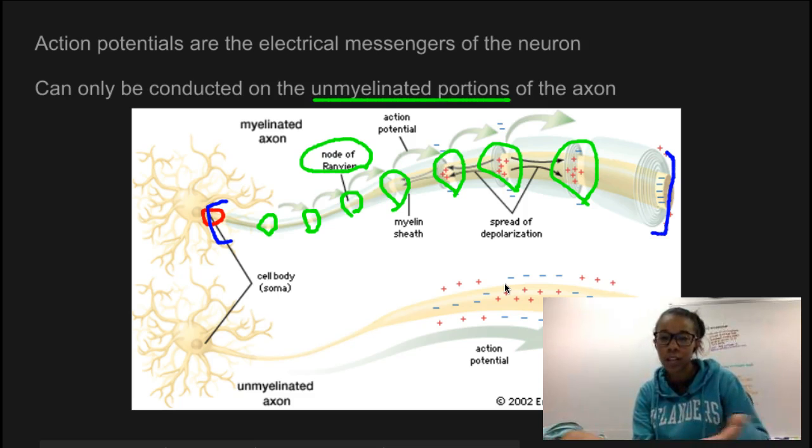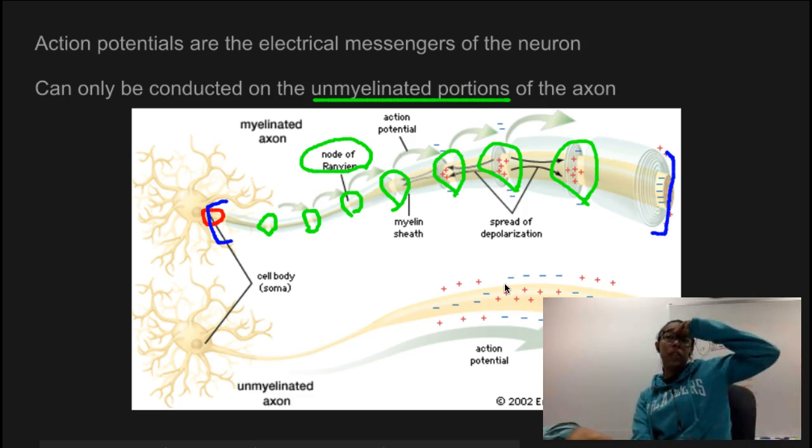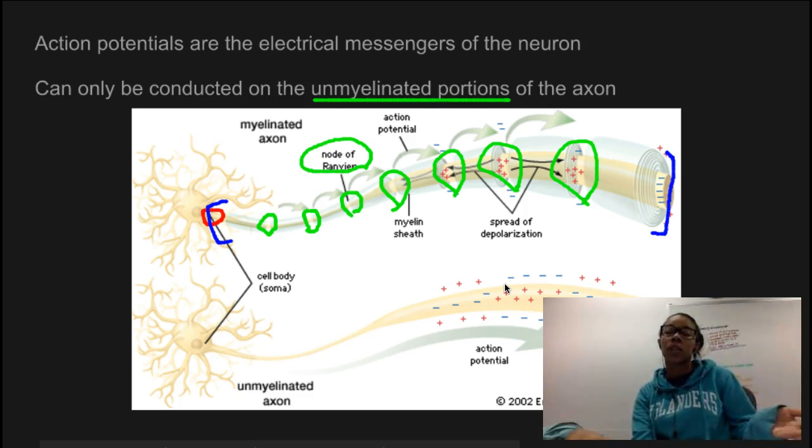You need to be naked in order for the movement of ions to occur. That's what's important. If you don't have any myelination on neurons, which can happen, then you just have an action potential occurring all up and down that axon.